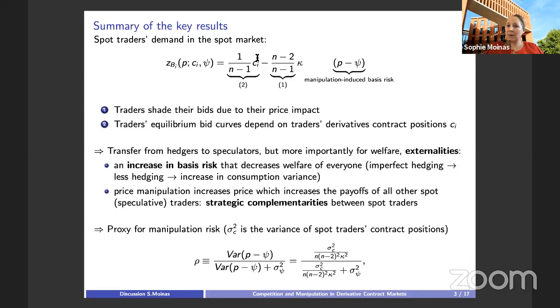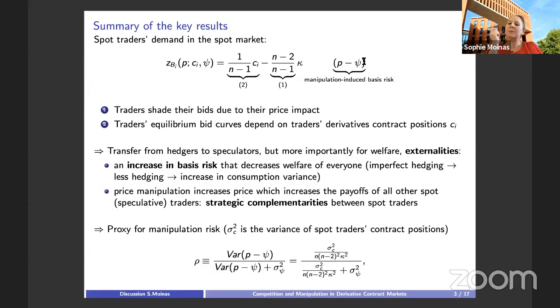And the second component, number two, is the idea that, by contrast to what you would expect, they take into account their position in derivative contracts when deciding on how to bid on the spot market. Okay, and so this P minus C, this is the extent of the manipulation induced basis risk.